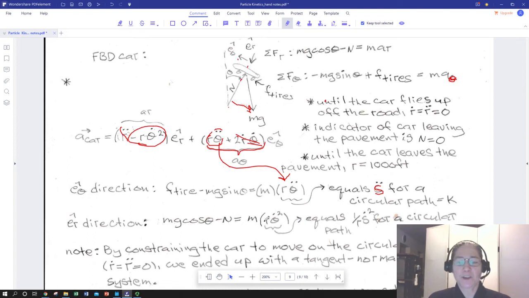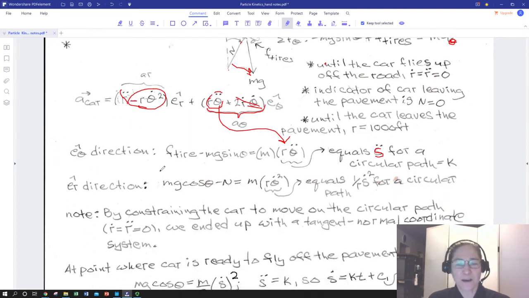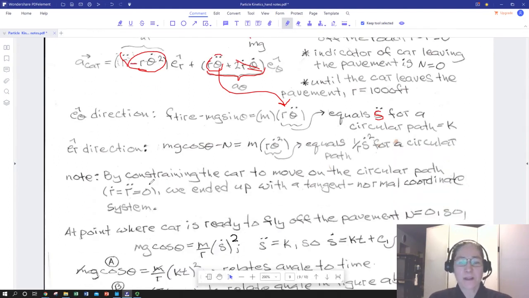This ended up switching sign as I move over into my tan normal, which is why this negative sign didn't come down. That ends up washing out.